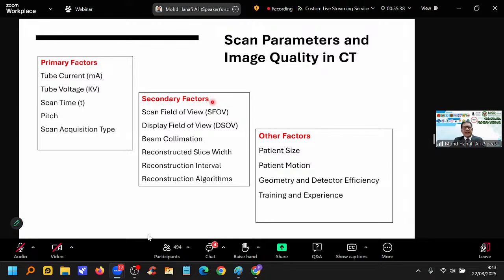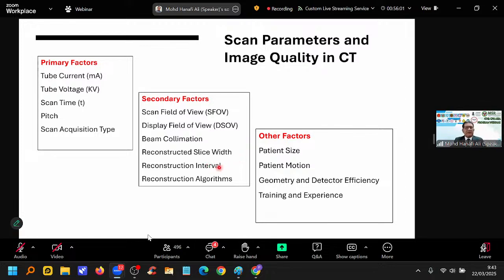And secondary factors, sometimes we are not aware of these, but we actually deal with them in every examination, such as SFOV, DFOV, beam collimation, reconstructed slice width, and reconstruction interval.